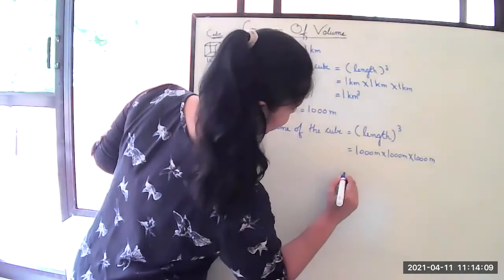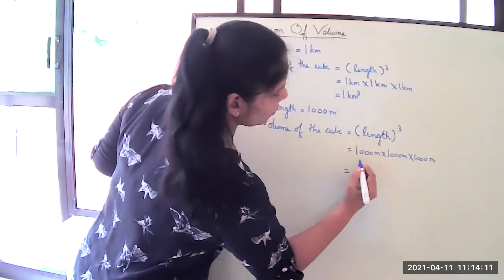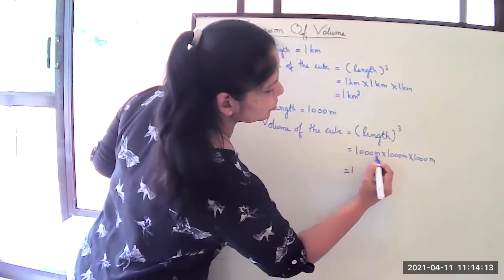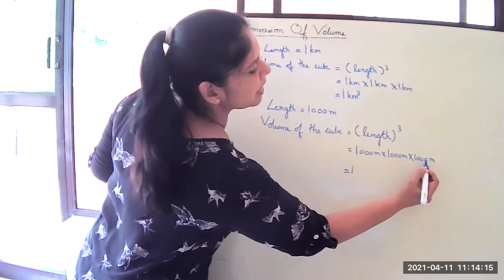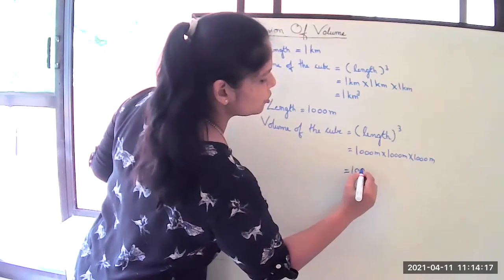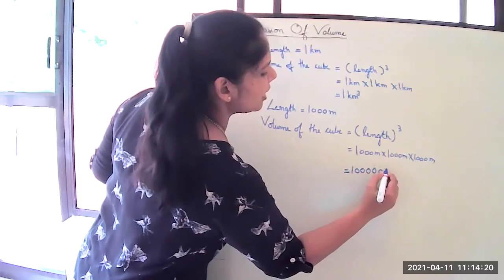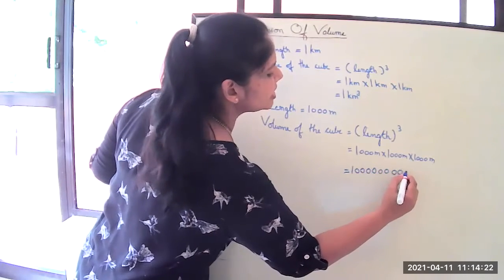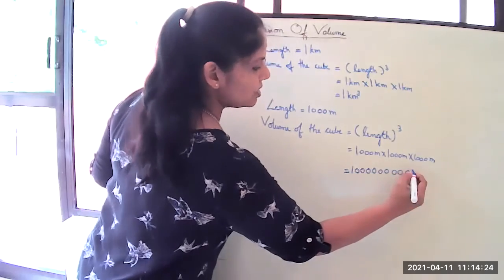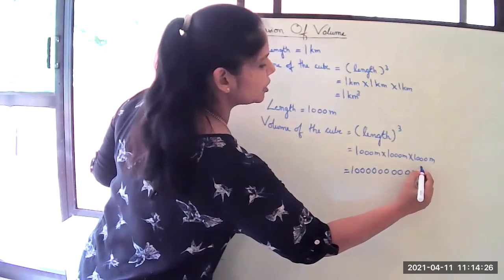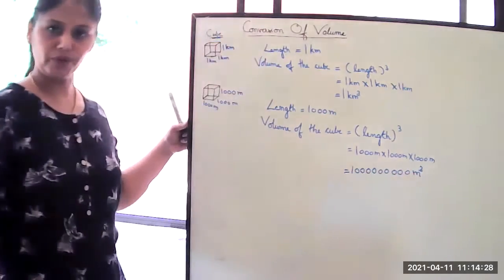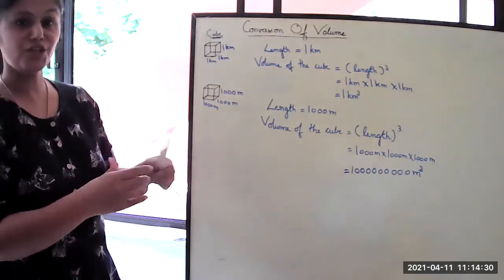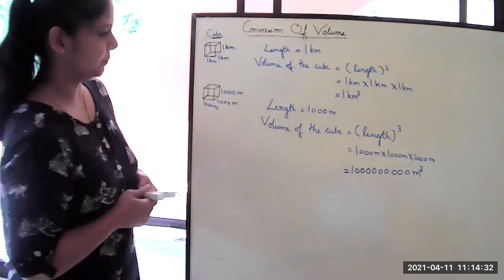So this will be equal to 1 and 1, 2, 3, 4, 5, 6, 7, 8, 9 zeros, and then meter cube. Such a huge number.